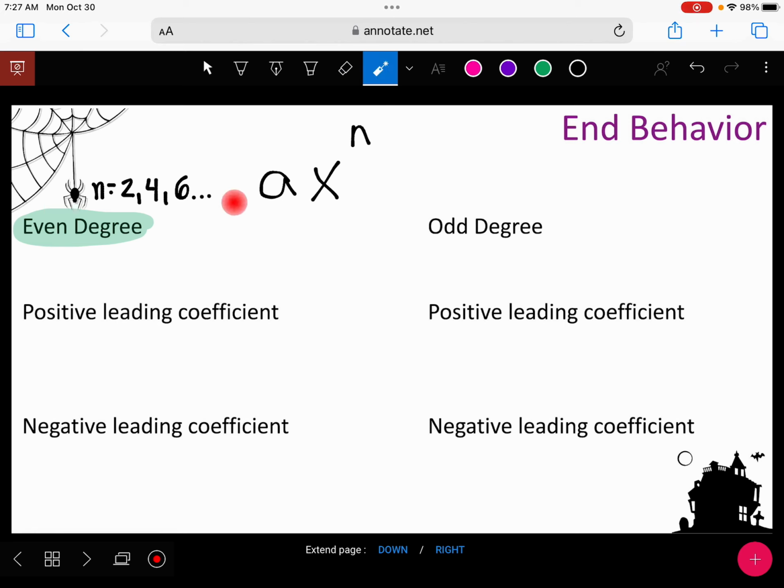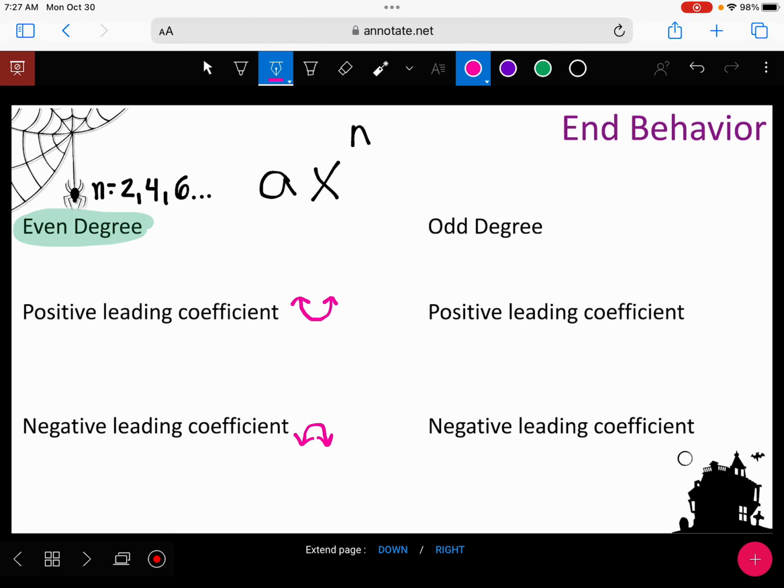If our a is positive, the way I do this is I think about a parabola. We're very comfortable with them. We've worked with them a bunch. So if the number in front of my x squared is positive, we have a smiley face, right? And if we have a negative in front of my x squared, we get a frowny face, right?